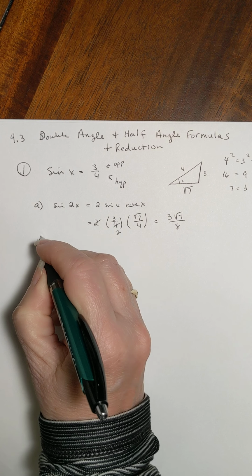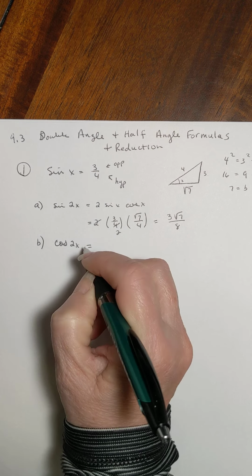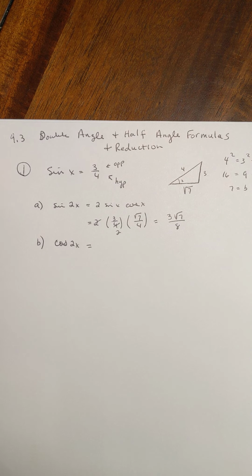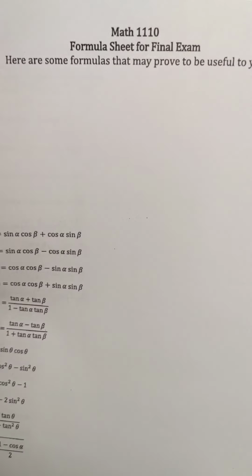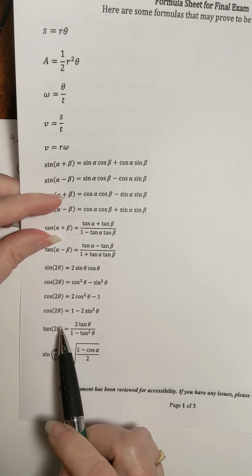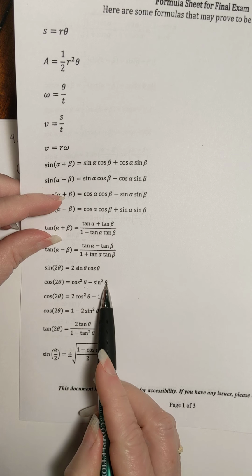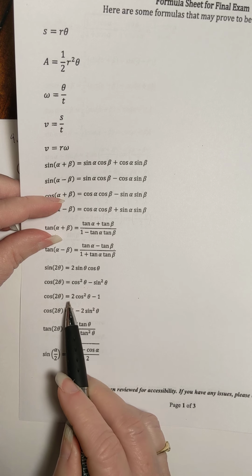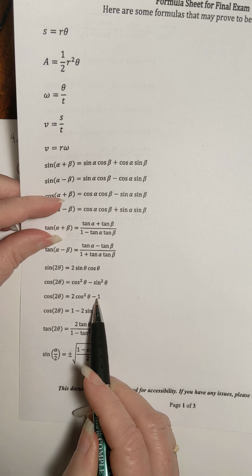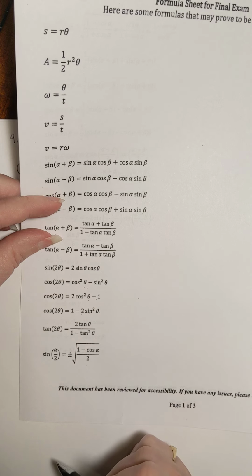Part B, cosine of 2x. Now here we have 3 formulas that we can use. We can either use cosine squared of theta minus sine squared of theta, we can use 2 cosine squared of theta minus 1, or we can use 1 minus 2 sine squared of theta.